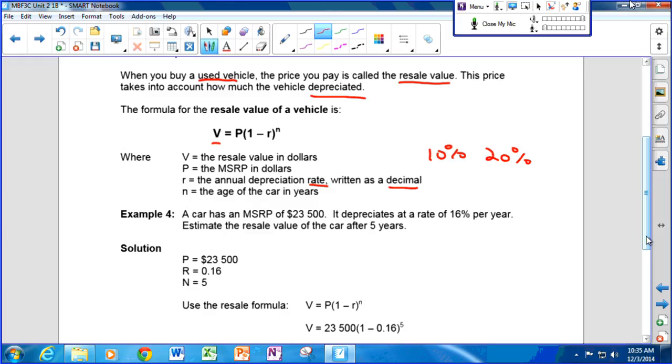That number really depends on a lot of things. Early on, it depends really just on the manufacturer, right? But as the vehicle ages, more data is accumulated. If there was a batch of F-150s that had some problems, then it's probably going to have a higher depreciation rate for that particular make and model. Or if there's a batch that's known to just go forever, then it'll have a lower depreciation rate.